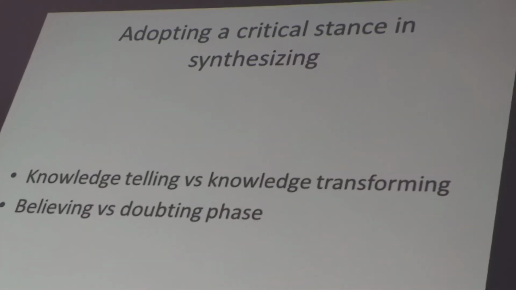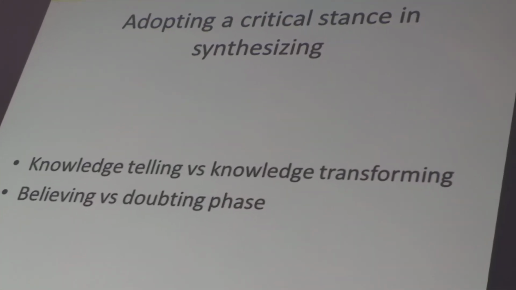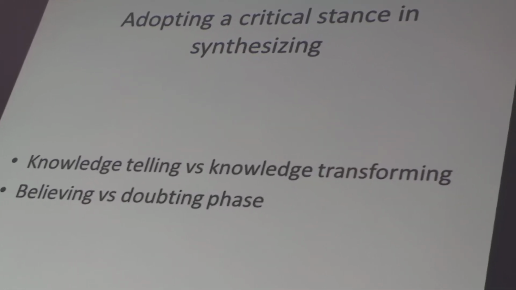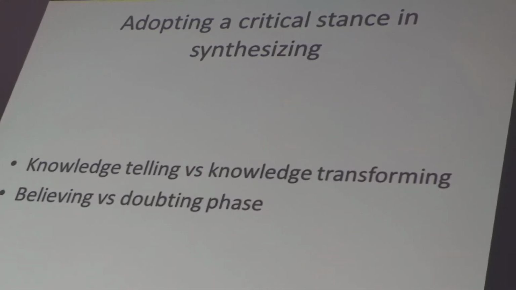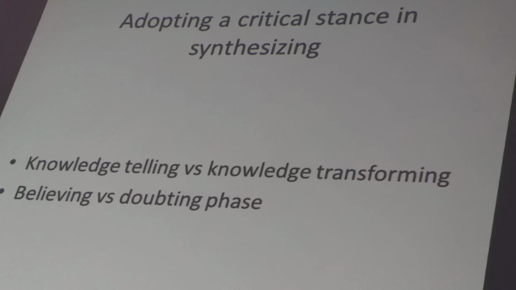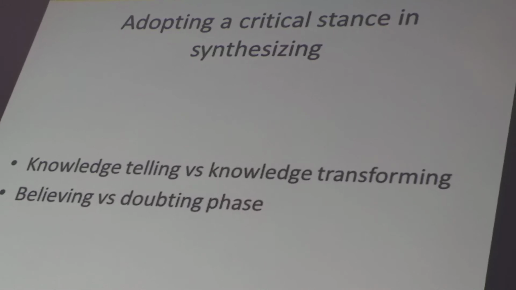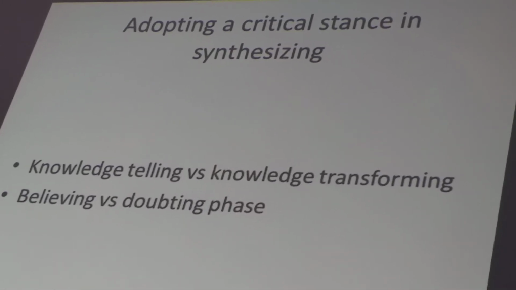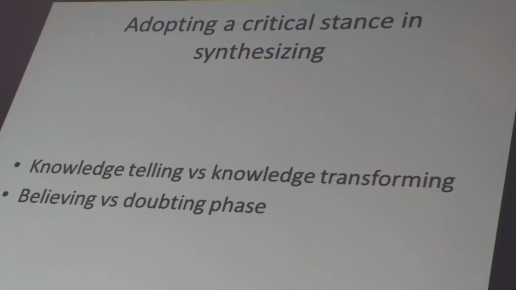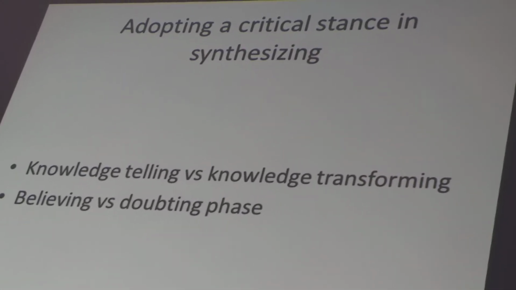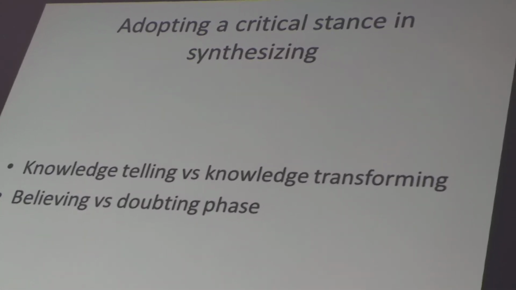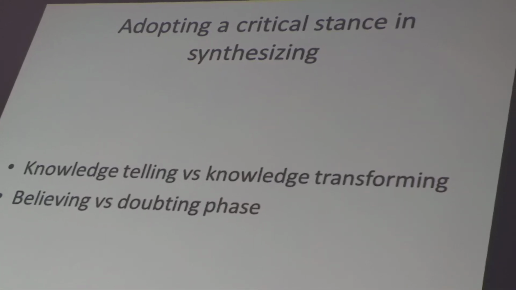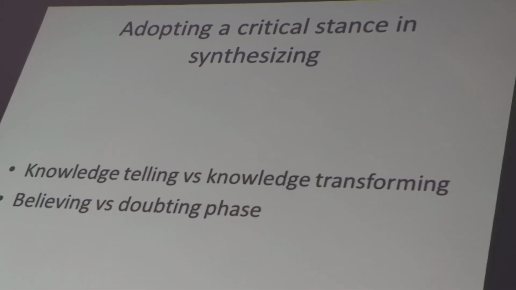According to Elbow 1973, when writing a critique of your sources, you need to make a balance between doubting and believing. So these are called the believing and doubting phases. In the believing phase, you intentionally open yourself to the writer's points of view and try to understand the writer's claims and ideas from their perspective.